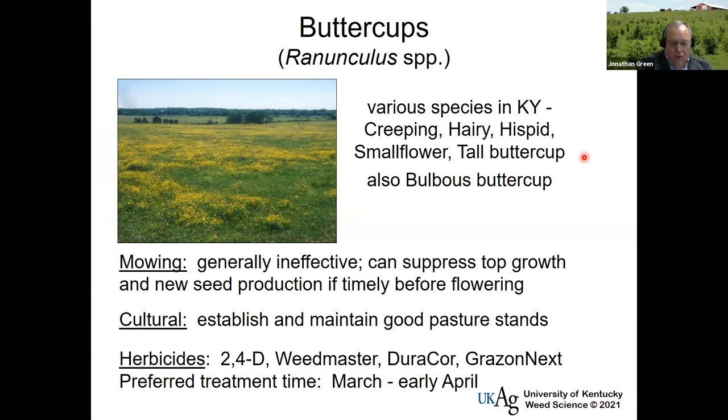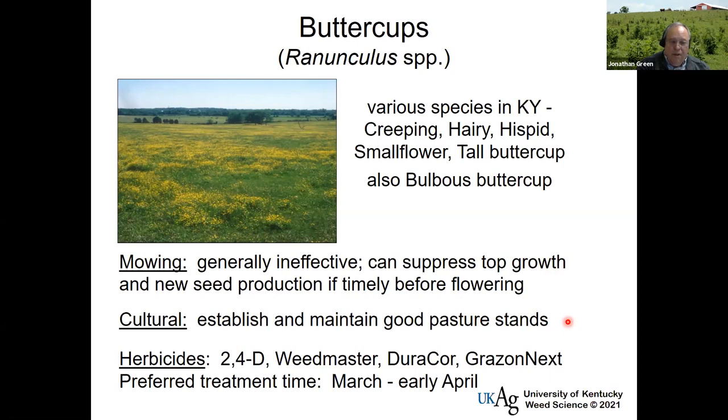We can mow, but in general, it's probably more ineffective than not, because a lot of those flowers and seed are produced below that cutter bar. We're certainly not going to get all the seed, but we might reduce the amount of seed being produced. I think the big thing is cultural practices. Again, establishing and maintaining good pasture stands, particularly when we have an open field like the one in this photo.